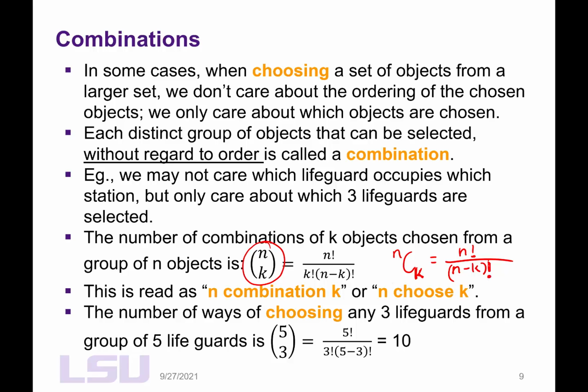This was permutation. So check out what is different here. You're also dividing by k factorial. So typically, your n combination k will be smaller than n permutation k, but sometimes they're just the same. It all depends on the numbers.